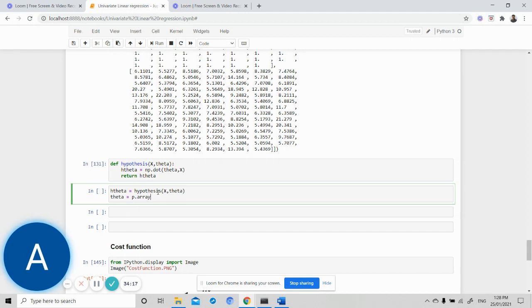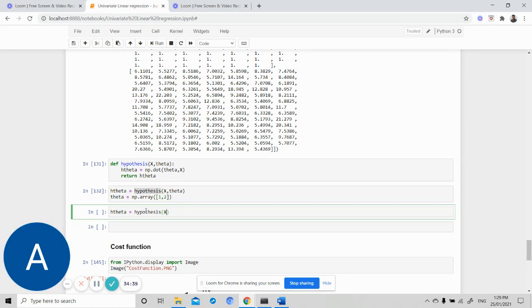Now let's say we use another 2x2 dimension, two rows, where theta 0 is 1 and theta 1 is 2. So my h of theta will be hypothesis x comma theta.